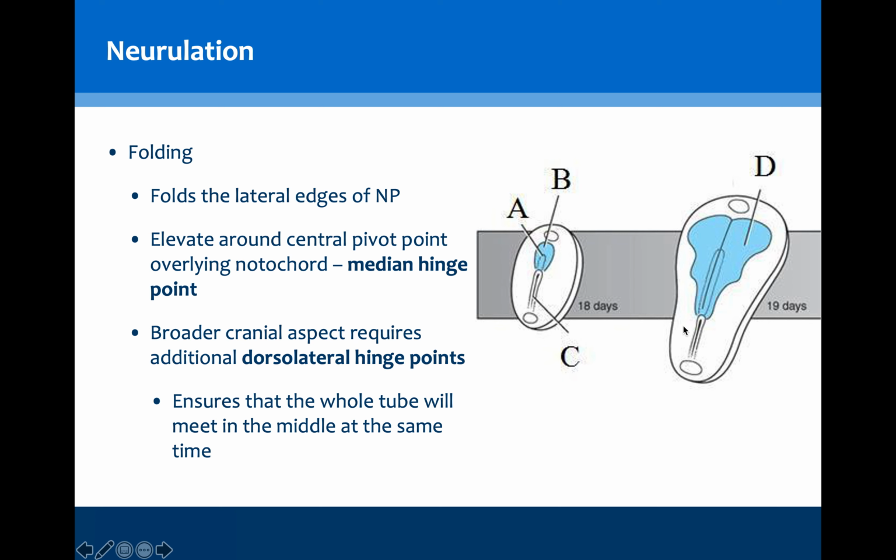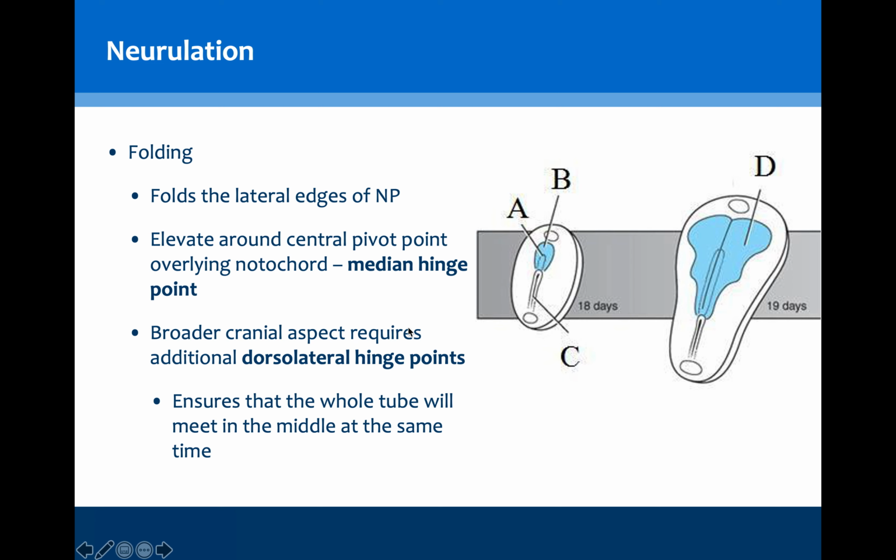So when you fold it, you'll fold it along this median hinge point, but it also necessitates the existence of dorsolateral hinge points just here, such that when the process of folding occurs, these two edges come together at the same time as these two edges do here.